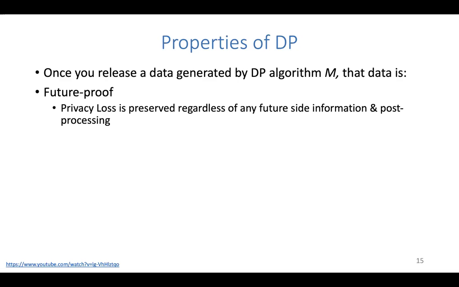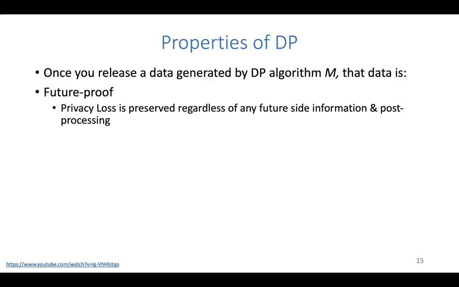So if you release a data set that is generated by an epsilon differentially private algorithm M, then that data set is still guaranteed epsilon differential privacy regardless of any future data set that could be released by some other companies.